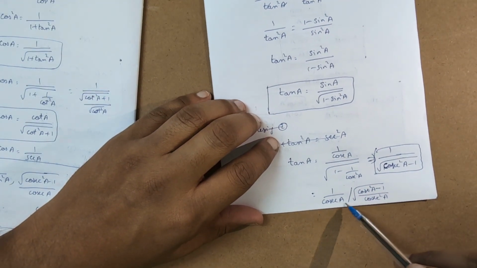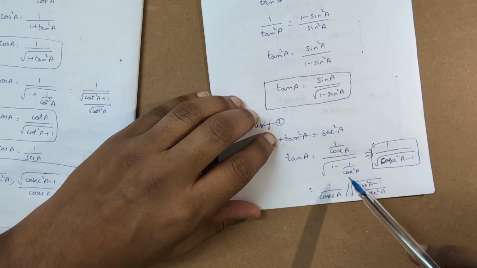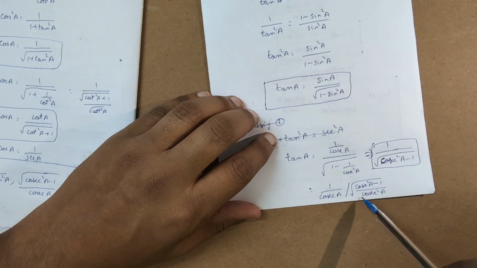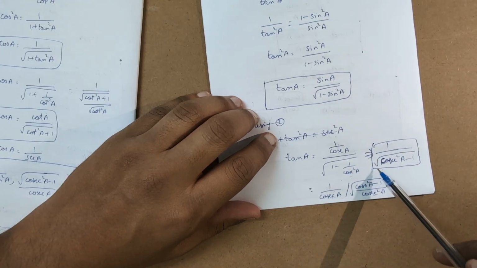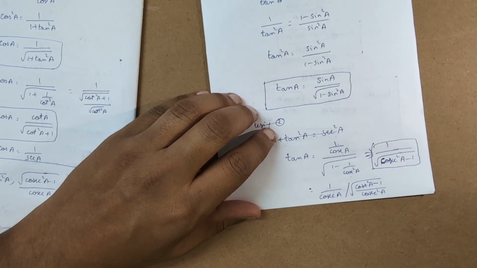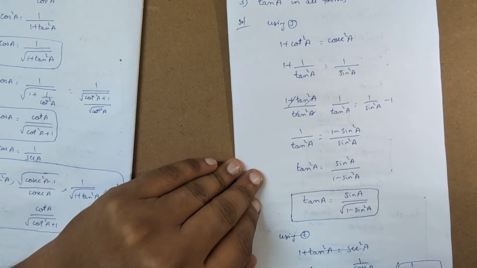Okay, so this is how I got it. I have clearly mentioned here, that is 1 by cosecant A. Here again taking LCM, root of cosecant square A minus 1 by cosecant square A. So cosecant and this will get cancelled. So final answer is 1 by root of cosecant square A minus 1. So 2 are done.